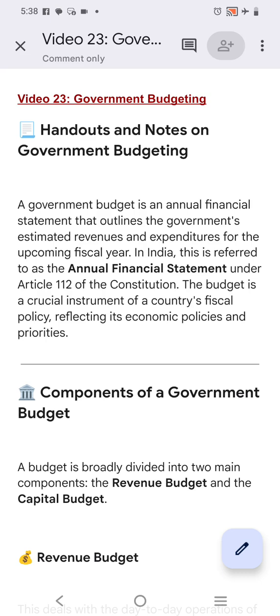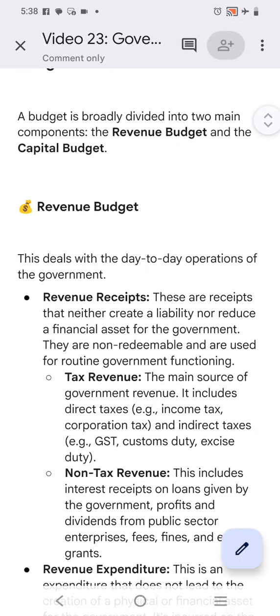Now let's look at the components of a government budget. There are two main components: revenue budget and capital budget. Revenue budget will have revenue receipts and expenditures.